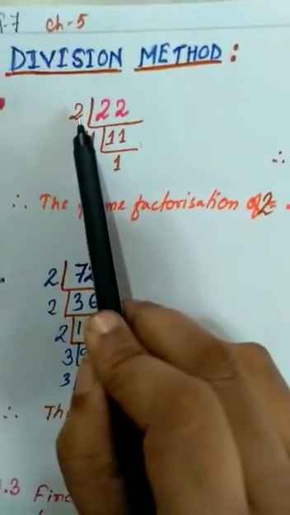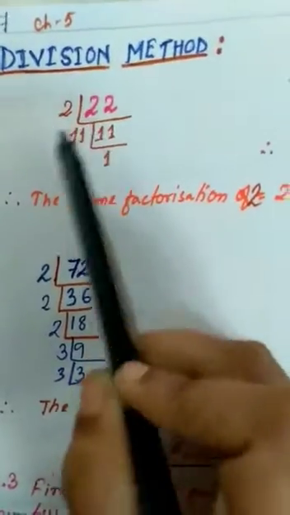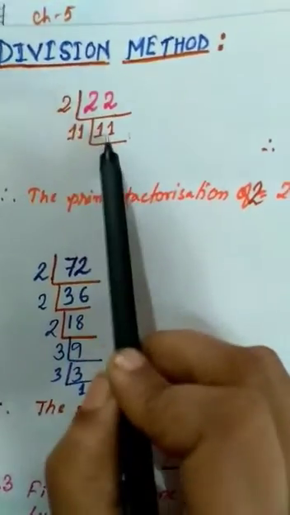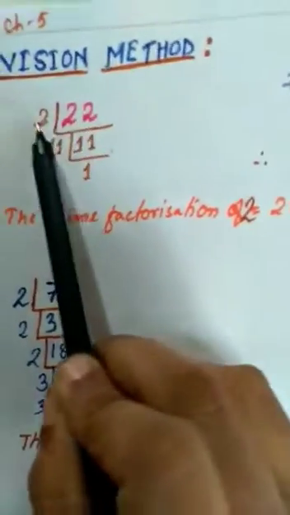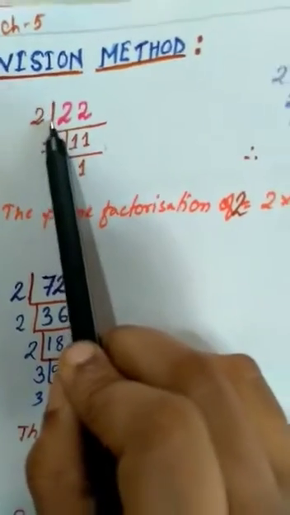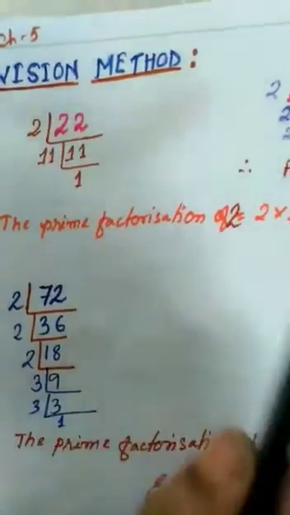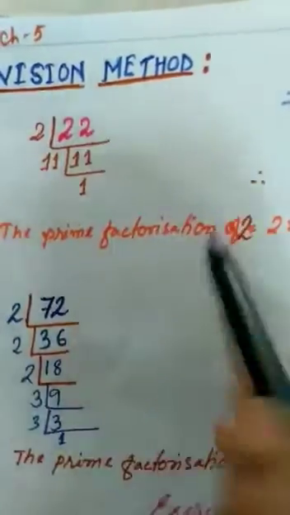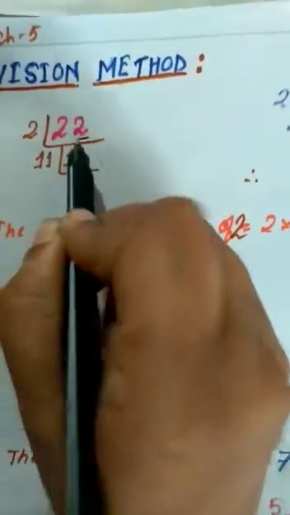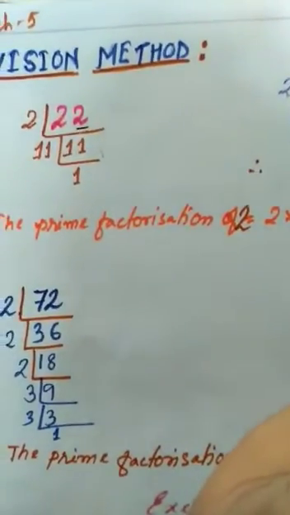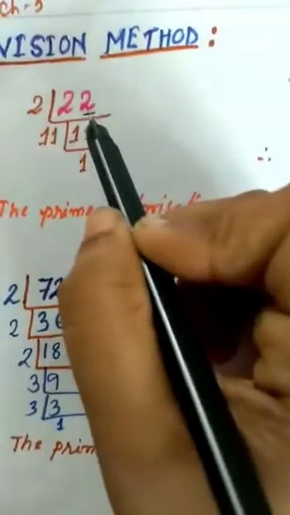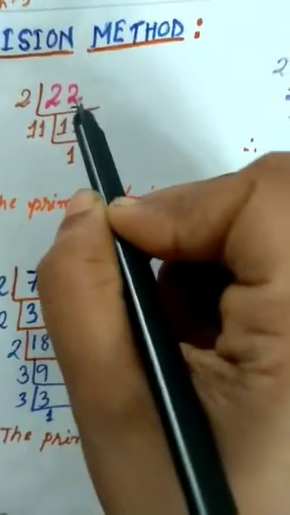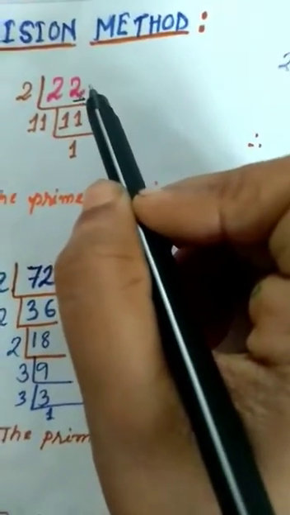If I take one example, 22, you can see here, students, we can divide it like 2 | 22, quotient 11. As I have told, in the division method we start from the smallest prime number, and 2 is the smallest prime number, so we will see whether it goes or not. 22 ends with 2 in the ones place, and as you know, the test of divisibility by 2 is that the last digit, or unit digit, should be 0, 2, 4, 6 or 8.